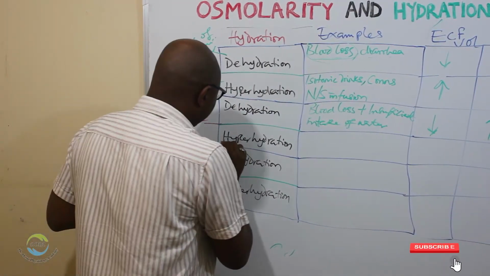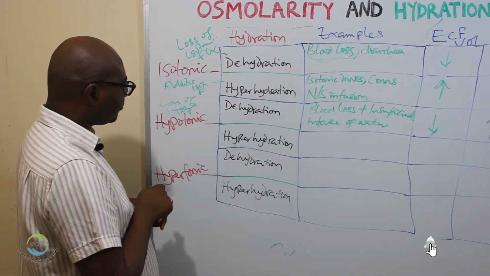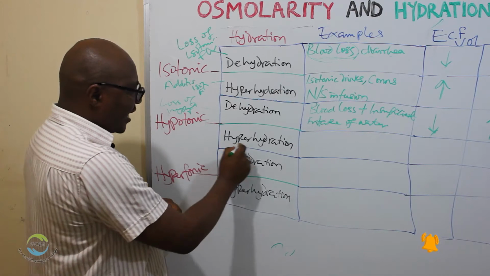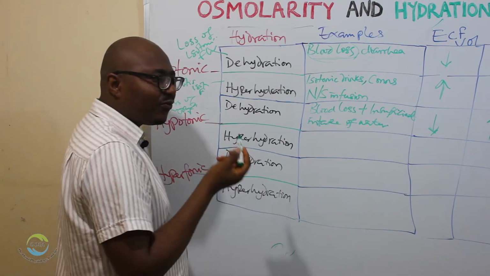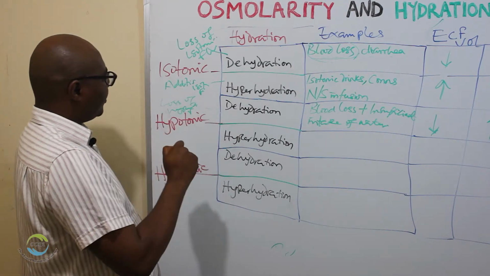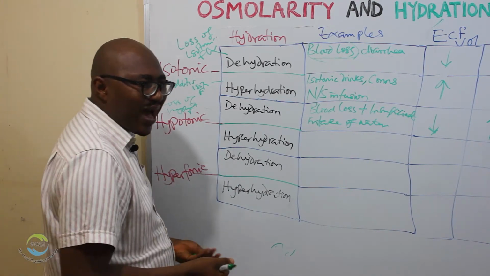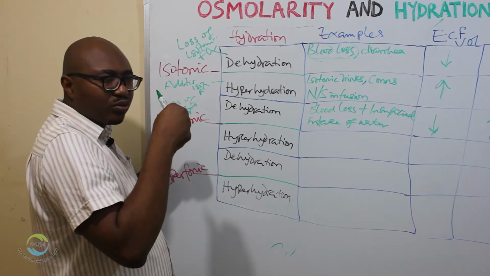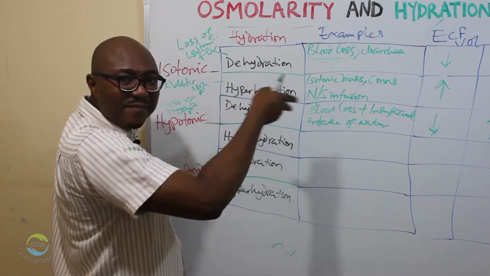Then the next one, hypotonic hyperhydration. Hyperhydration means there's an addition of fluid. So what kind of fluid will you add to the body that will make it hypotonic? Simple. You are adding hypotonic fluid. Remember, in this one, you are losing hypertonic fluid.